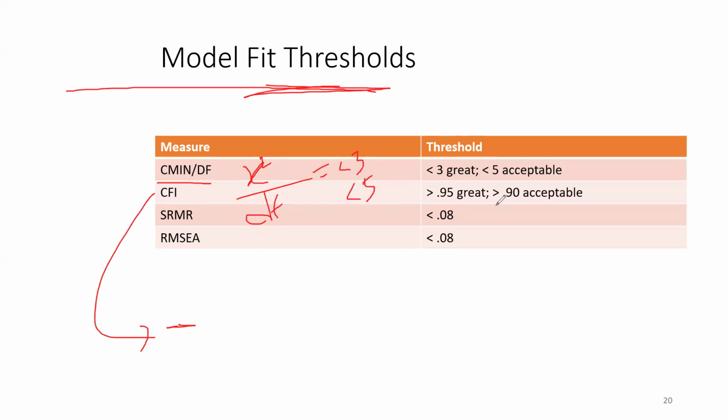CFI stands for comparative fit index. Greater than 0.95 is ideal; greater than 0.9 is good, acceptable. SRMR stands for standardized root mean residual. It's a kind of error. It has to be less than 0.08. If it is greater than 0.08, then it's a problem. RMSEA means root mean square error of approximation, supposed to be less than 0.08.